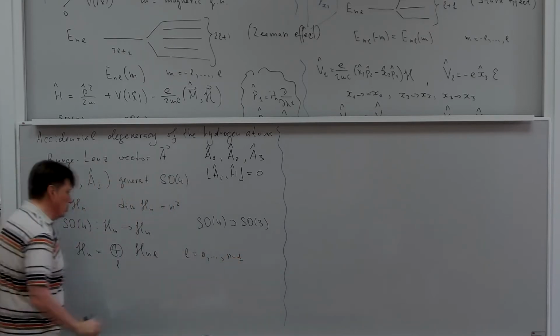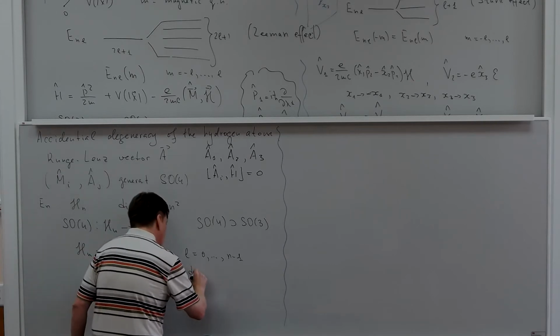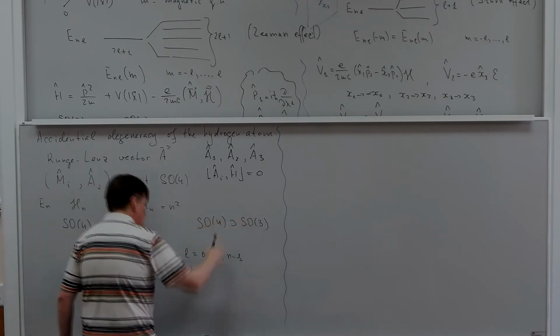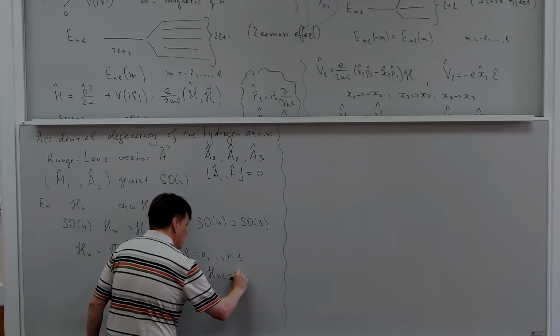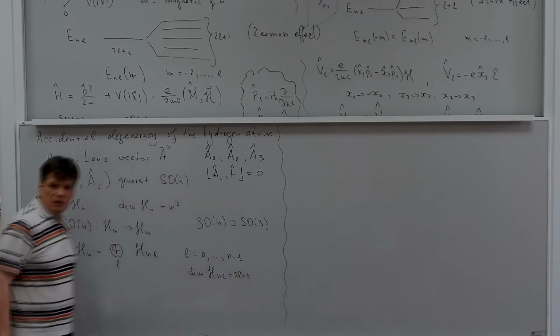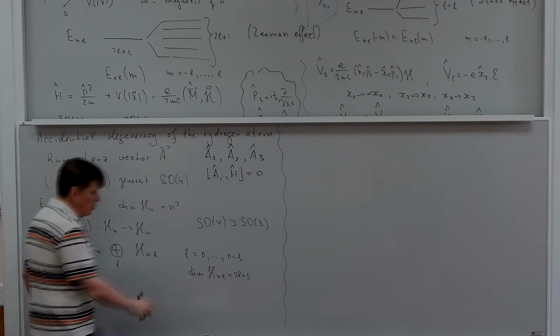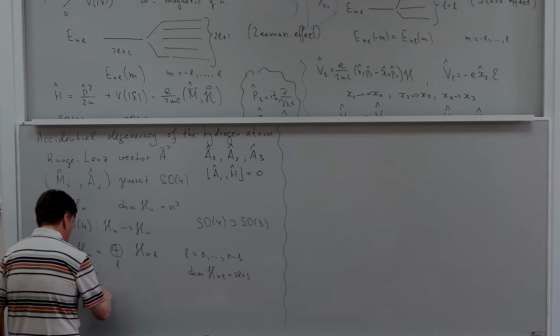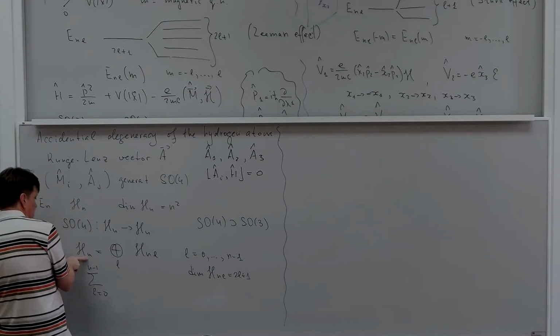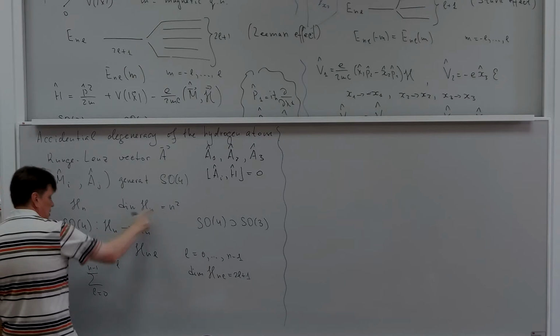And as we know, each invariant subspace with respect to the rotation group has dimension 2L plus 1. Summing up all these dimensions, of course, we get the dimension of the space Hn, that is n squared.